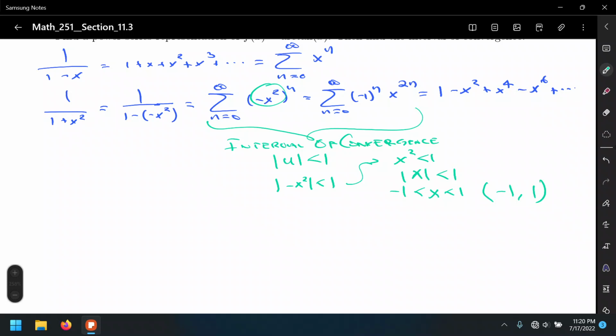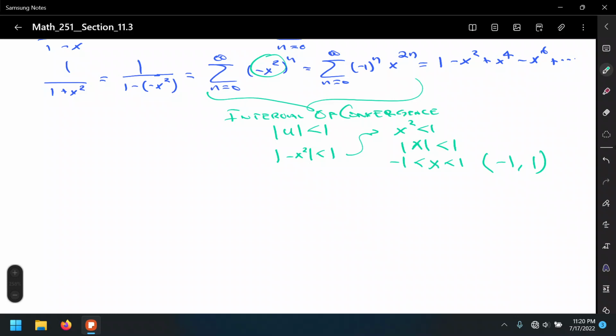However, we're going to use this series to find the series for arctangent, and then we're going to use this idea to find the actual interval of convergence, and you will see how things are going to change here. Let me take a few steps back.